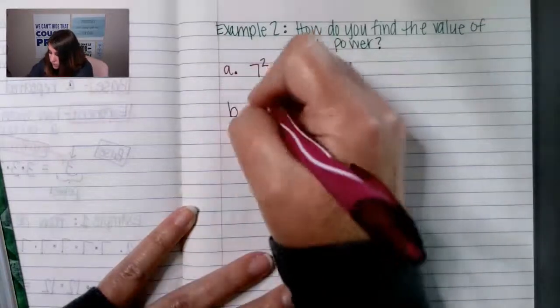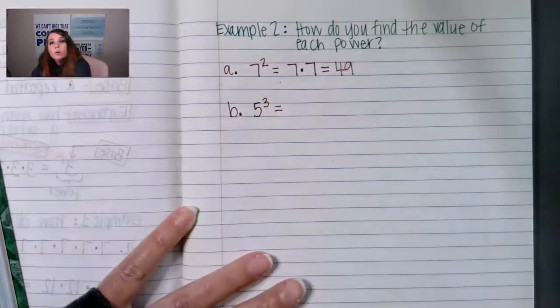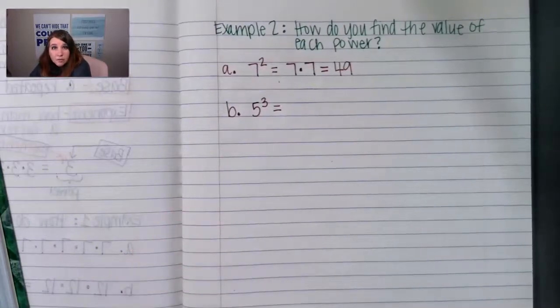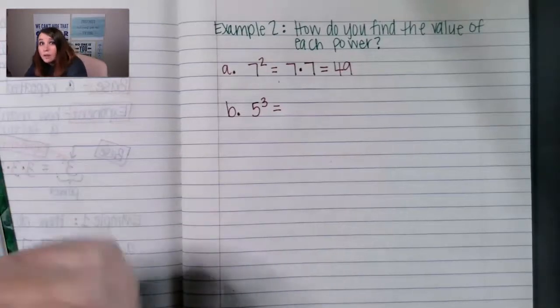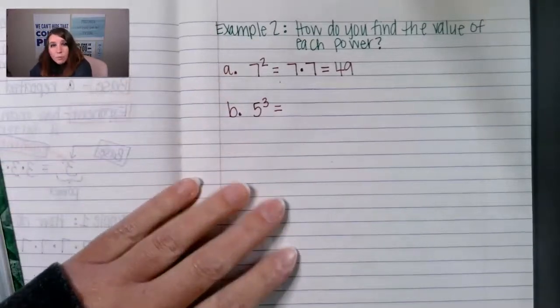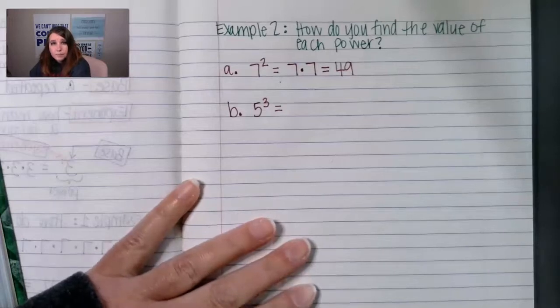The next one is 5 to the power of 3. So let's think about this. We have 5 to the power of 3. Let's talk about the base. Which one's the base number? It's all about the 5. Yep. And how many times is this 5 being repeated? 3.